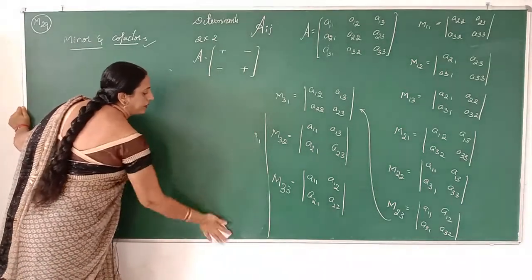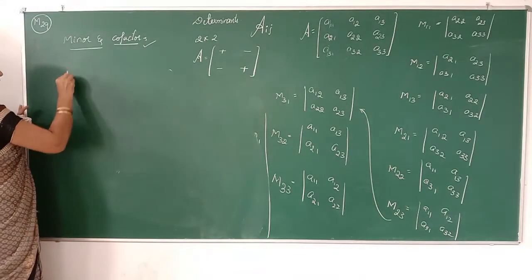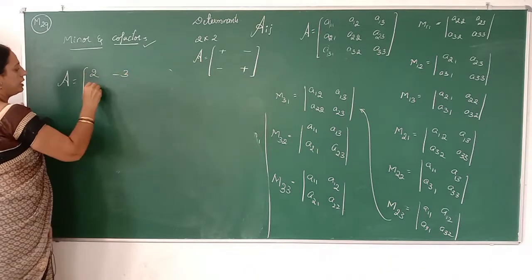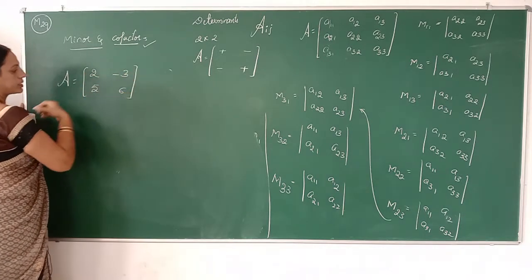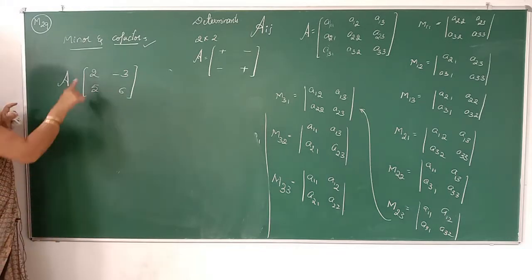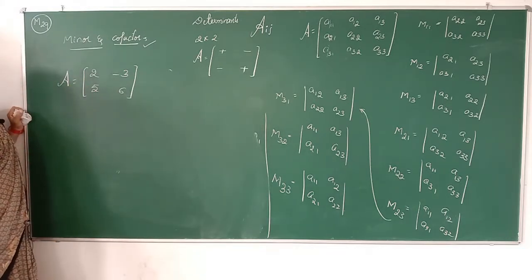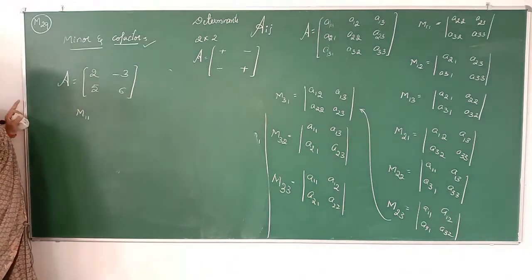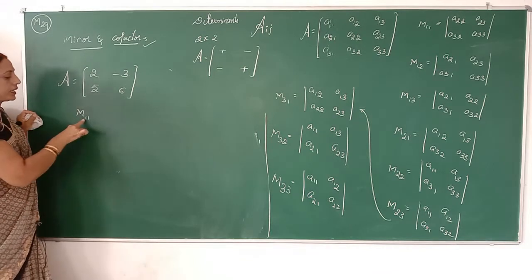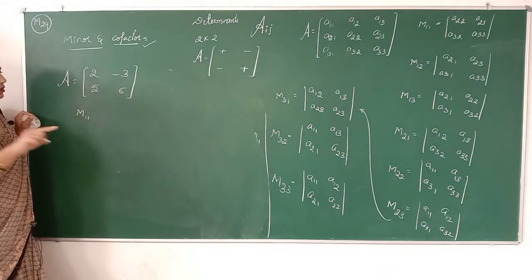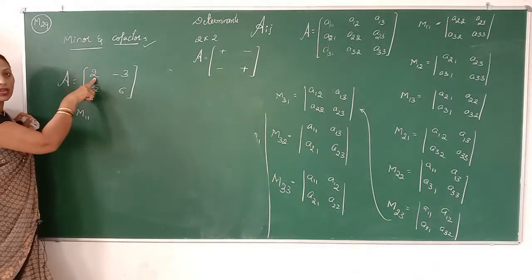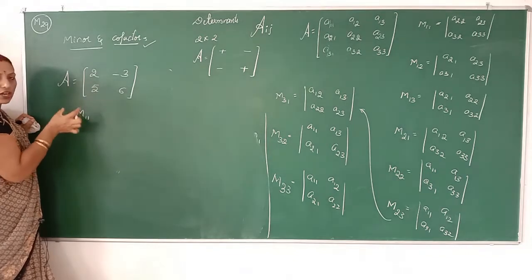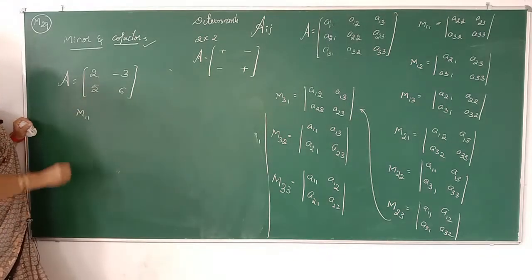For example, let A be a square matrix whose elements are 2, minus 3, 5, 6. It is a 2 cross 2 matrix. First we will find the minor of each element of the matrix. Minors are denoted by capital M. M11 means the minor of the first row, first column element, which is 2.